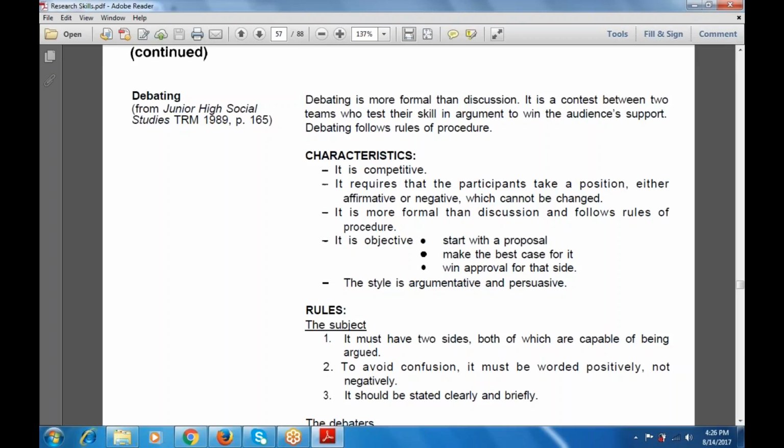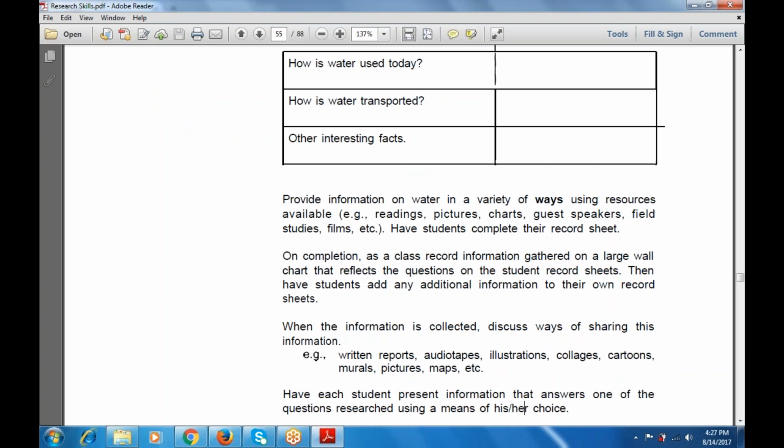To avoid confusion, it must be worded positively, not negatively. And it should be stated clearly and briefly. Whatever you want to state, you must state clearly and briefly.